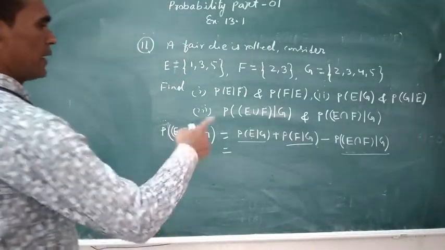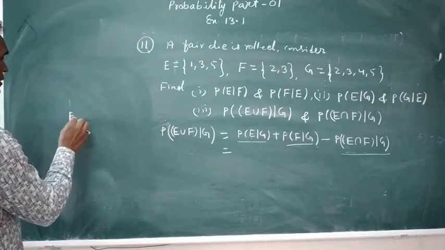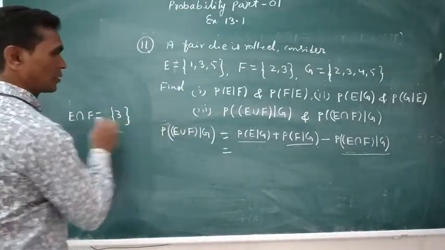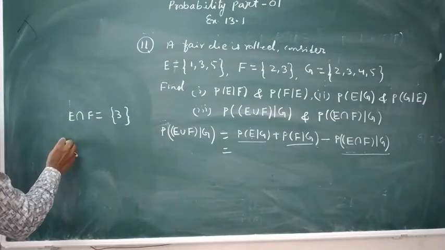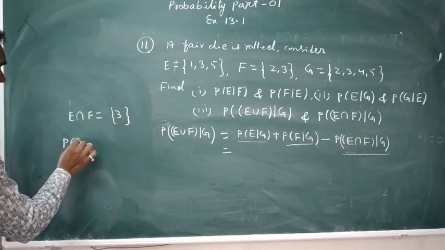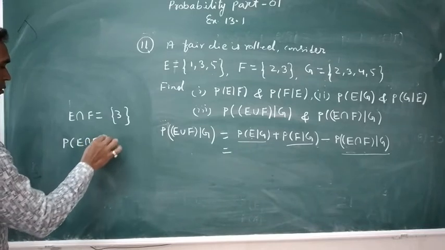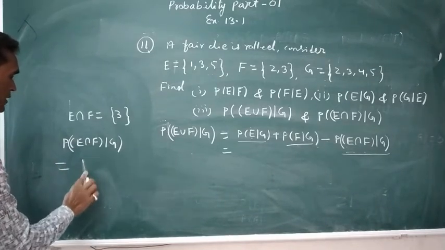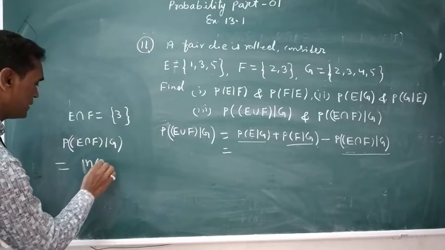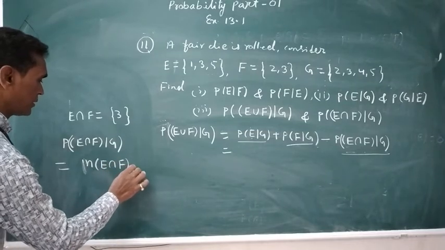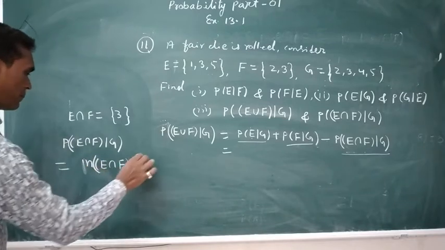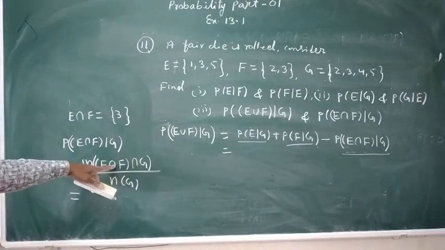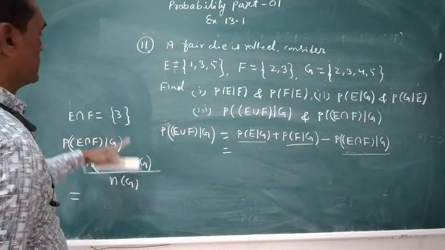First of all, you find E intersection F. So E intersection F is equal to 3, and given G. That means probability of E intersection F given G is equal to number of elements in E intersection F intersection G divided by number of elements in G. So the intersection with F and G is again 3.